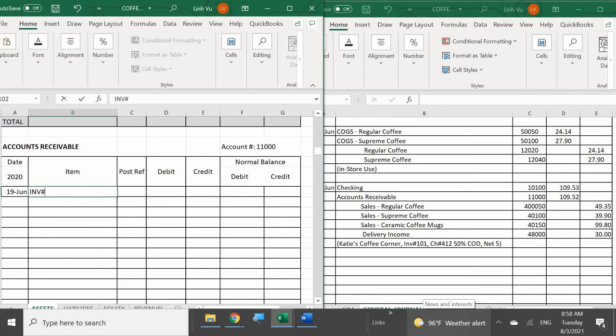I would just put the invoice number, because if you pull up that invoice, it should tell you exactly who, what they bought, when it happened, and how much they owe you.